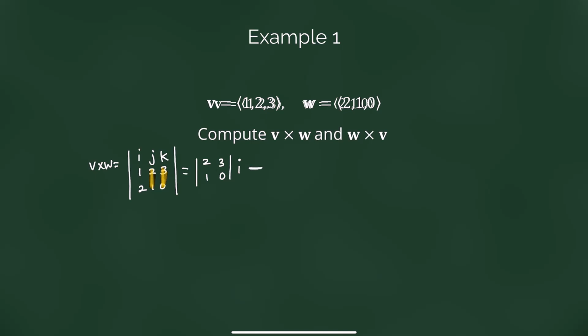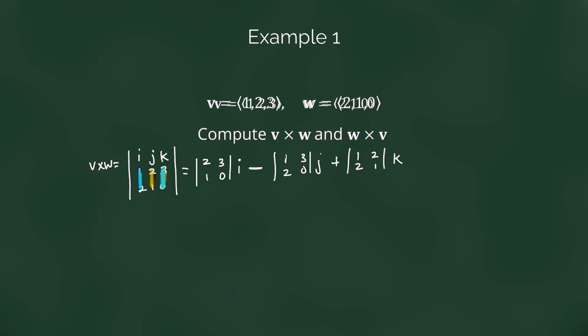Now this time I'm going to take the components of the matrix that come from the things that are underneath i and k. So I'm going to take 1 and 2 and 3 and 0 and multiply that by the vector j. And then lastly, we'll take the things that are underneath i and j. So 1 and 2 and 2 and 1, and we'll multiply that by the vector k.